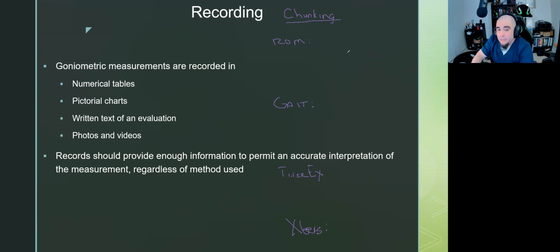But let's say that we're measuring range of motion now. I'm going to get rid of the gait and therex and all this down here. But we're doing range of motion, and let's say we're doing the elbow. So I indicate what joint I'm doing. I indicate I'm doing elbow.